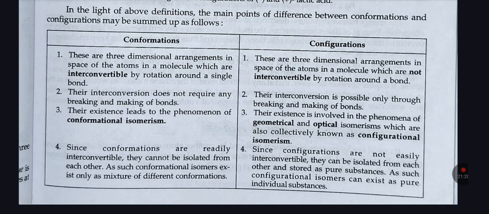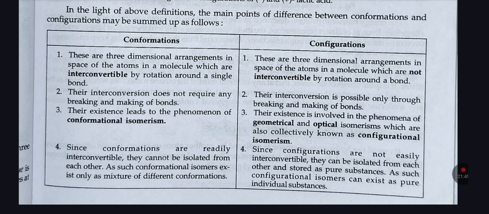For conformations, interconversion does not require any breaking and making of bonds. In configurations, interconversion is possible only through breaking and making of bonds. The existence of conformations leads to the phenomenon of conformational isomerism. The existence of configurations is involved in the phenomena of geometrical and optical isomerism, which are also collectively known as configurational isomerism.